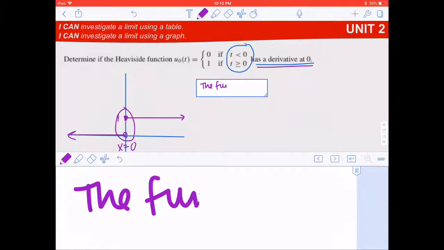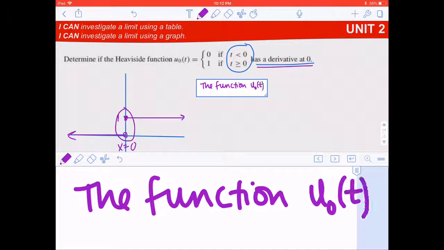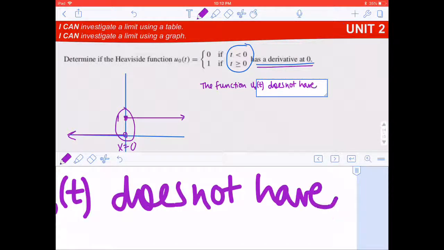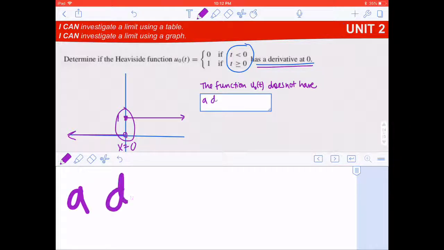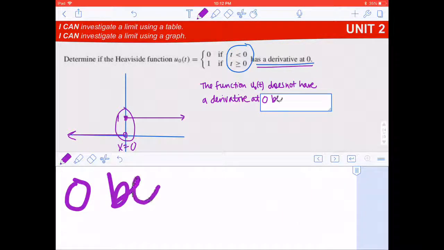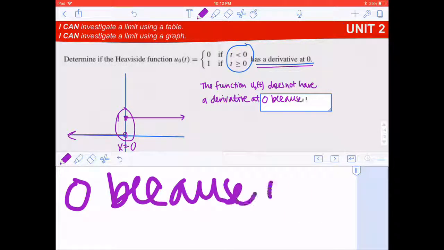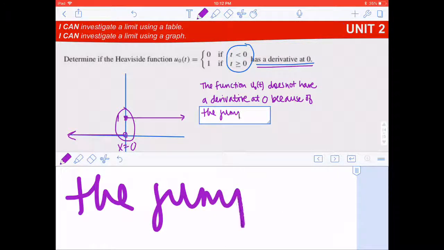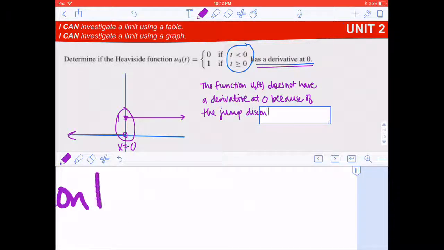The function u naught of t does not have a derivative at 0 because of the jump discontinuity.